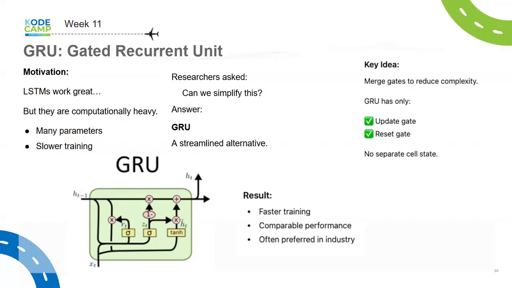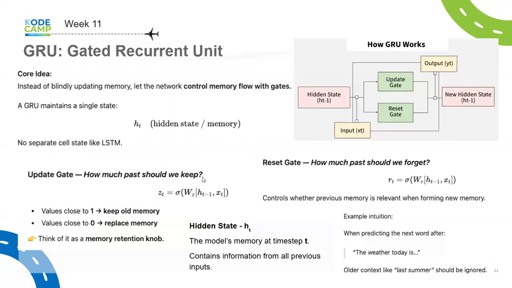So it actually helped to drop one tanh and drop one sigmoid, in addition to all of the other calculations and the weights. So right now in industry, GRU is preferred for sequence models.